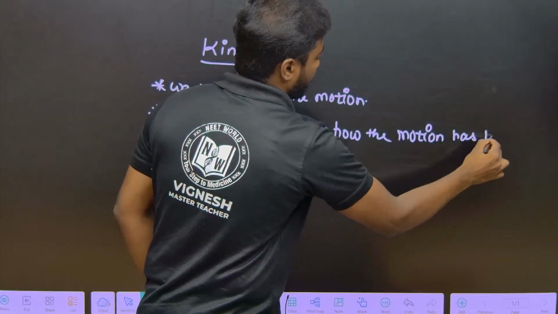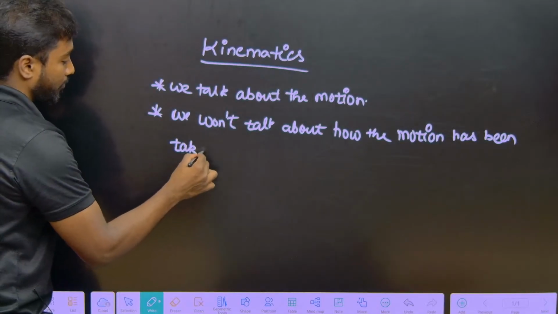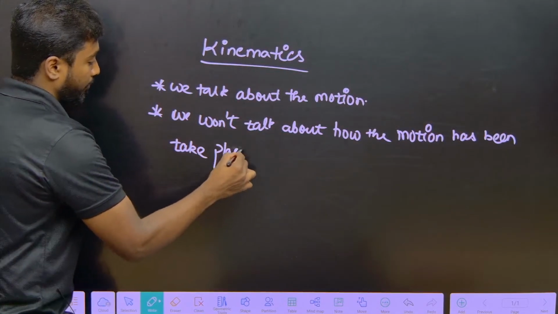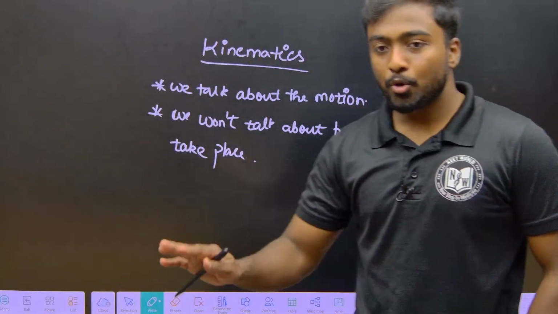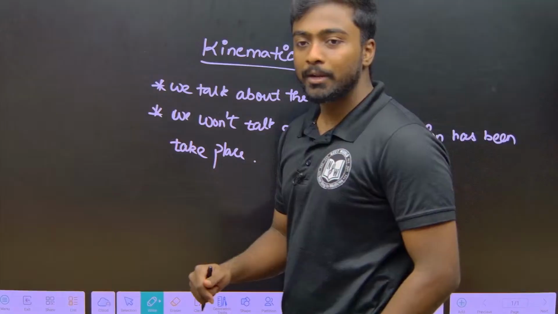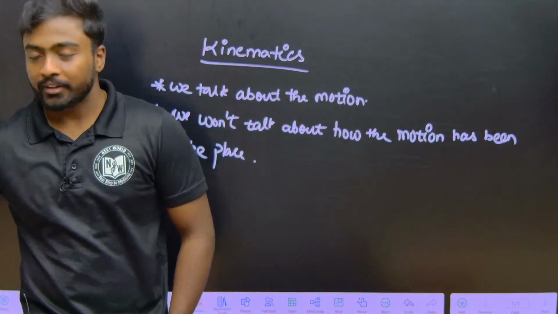This is the main important point in kinematics. We will talk about the motion, but we won't talk about how the motion has taken place, like who pushed, who has been pulling, those things we won't talk about.